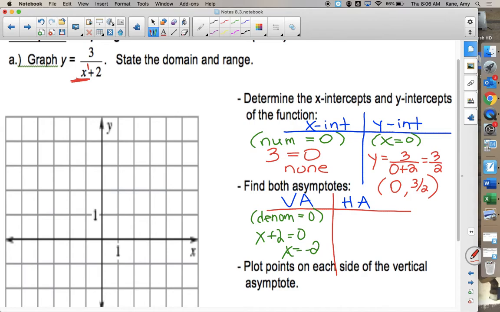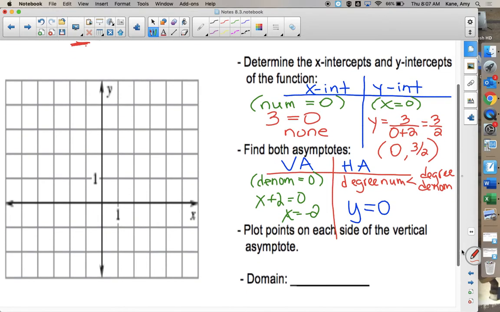So the power on the bottom is bigger than the power on the top. So there's 3 cases. You need to look to see which one has that happen, where the degree of the numerator is less than the degree of the denominator. What does that mean, Chris? Y equals 0. That means y is equal to 0. So the power on the numerator isn't there. There's not an x. So that means it has to be less than the one on the bottom.